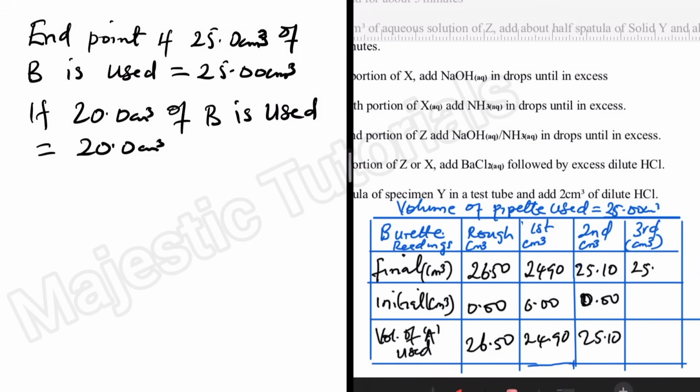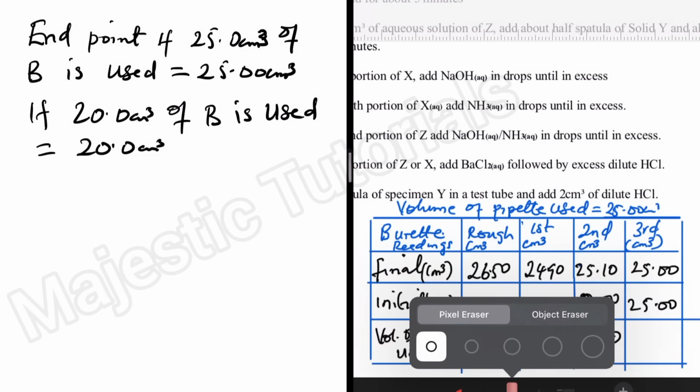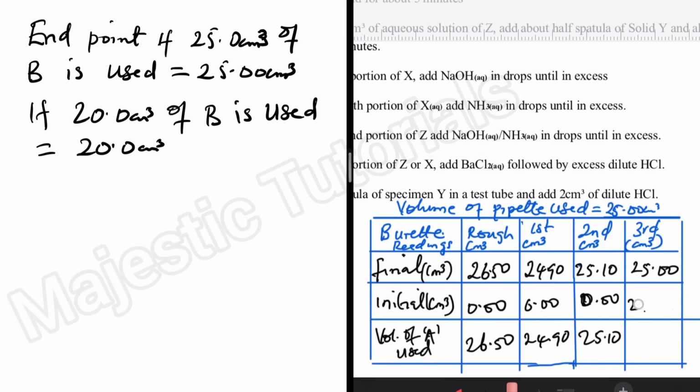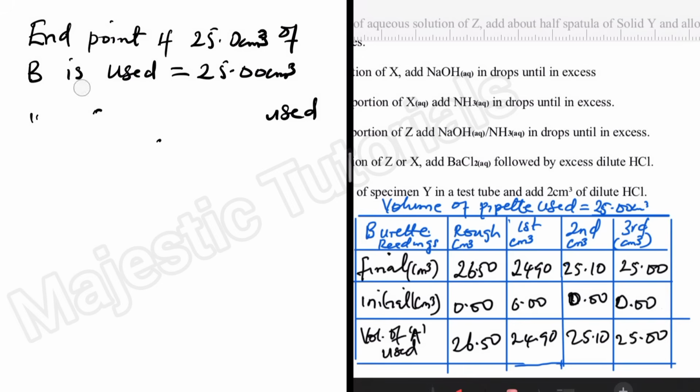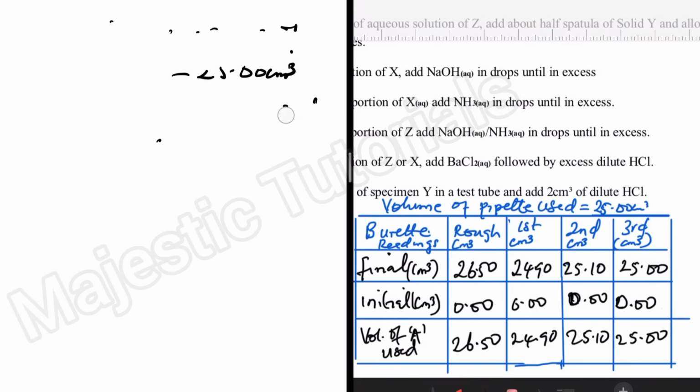Then we have our 25.00, 0.00, so that here is 25.00. Alright, follow this rule. We have made our table. Now, because of space, I just used there because I want to use a ruler. Let me now come here and continue other calculations.